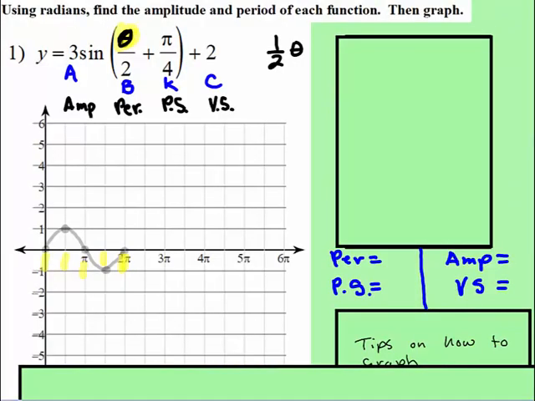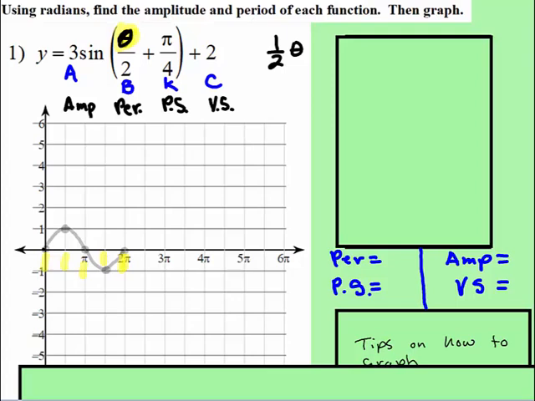All right, let's come back to this graph right here. So here is the normal parent function of a sine function. Notice right here where the theta is 0, the sine function is 0. At pi halves, halfway between 0 and pi, we're up here at 1. At pi, we're back to 0.